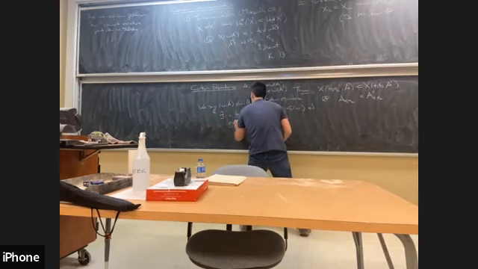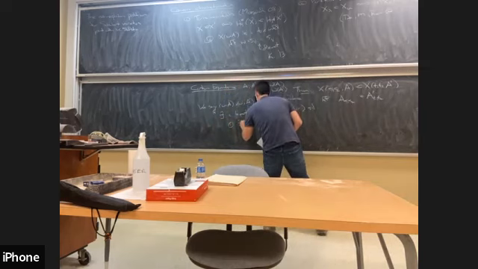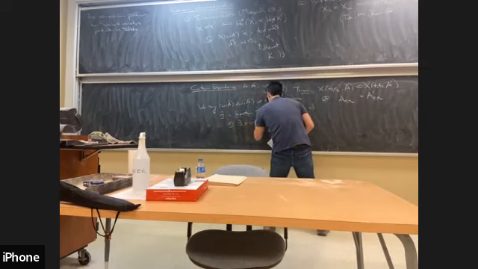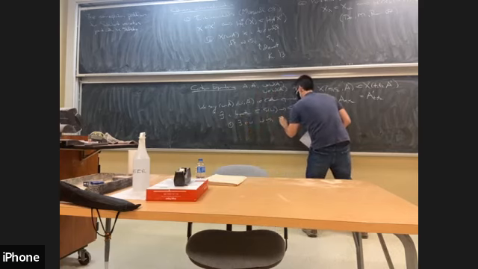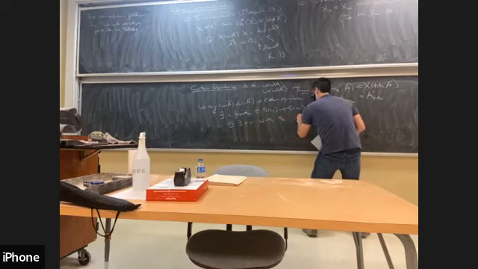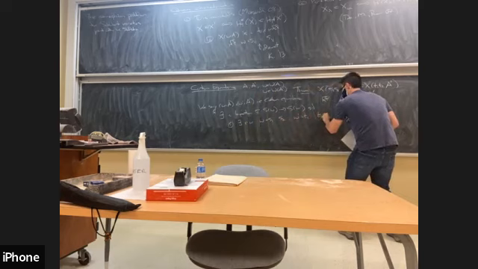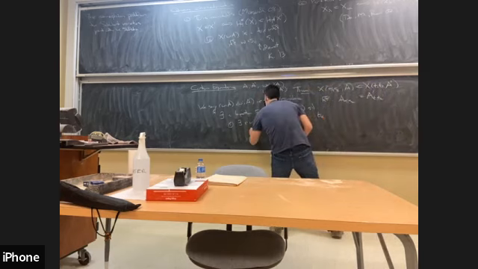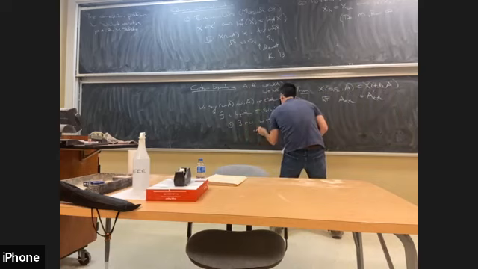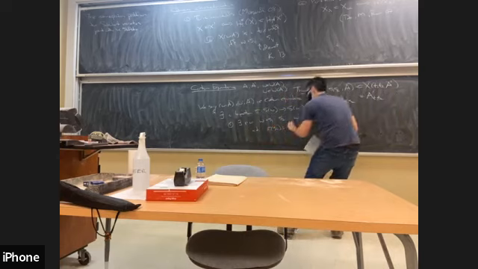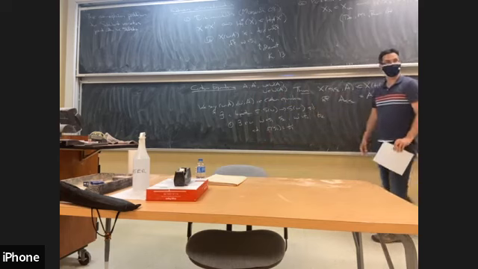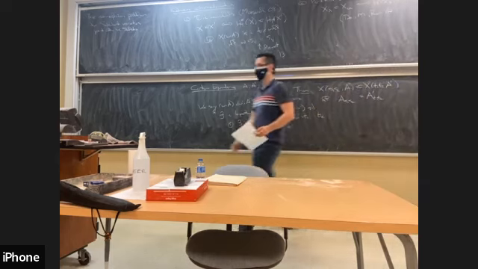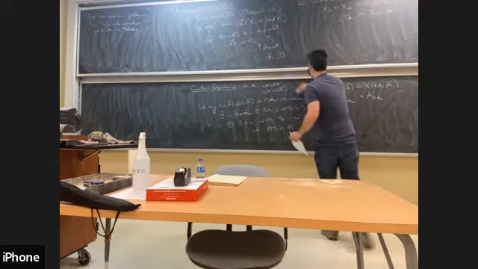One, there exist reduced words W equal to S1 through SK, and W prime equal to T1 through TK, such that sigma of S_i is T_i. So you find two reduced words that are compatible with this bijection between supports. I'll write an example in a second.